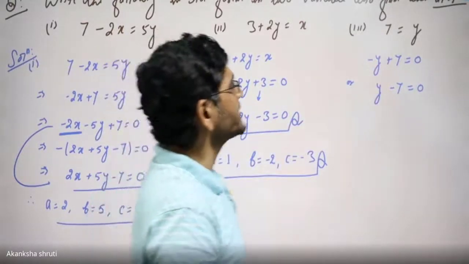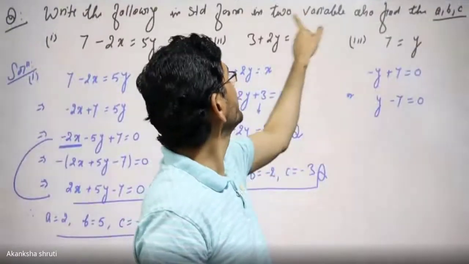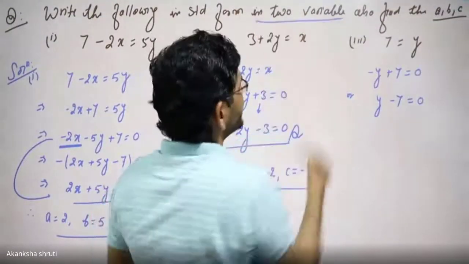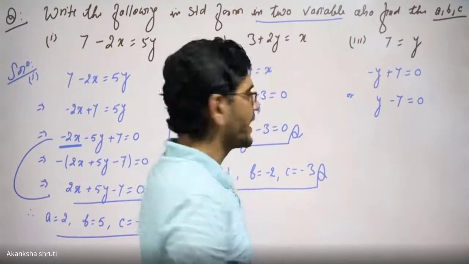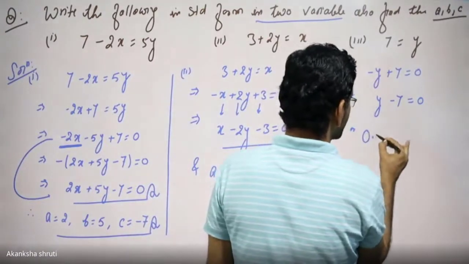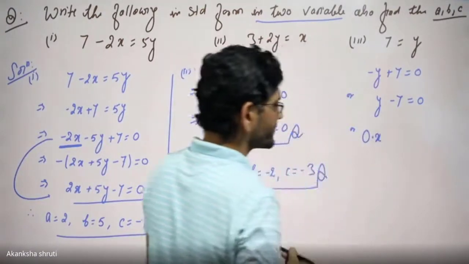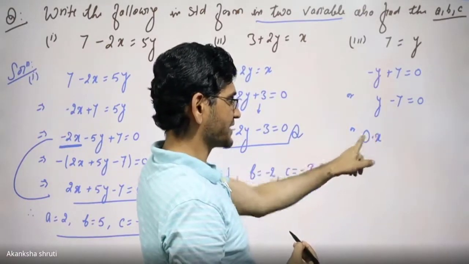But this is in one variable only. But the question is, we have to write in two variables. The variable x is missing. And we have learned that that can be put by considering the coefficient of that missing variable as 0. Means the coefficient of this x as 0.